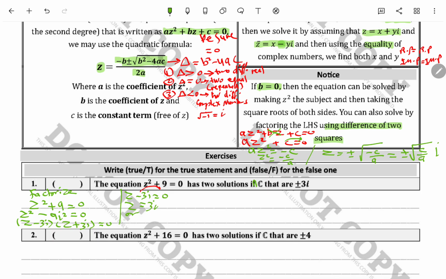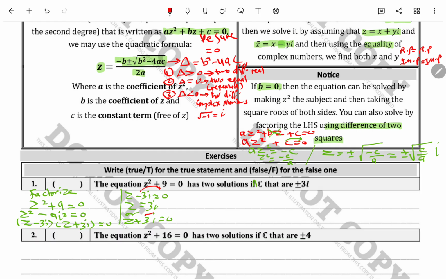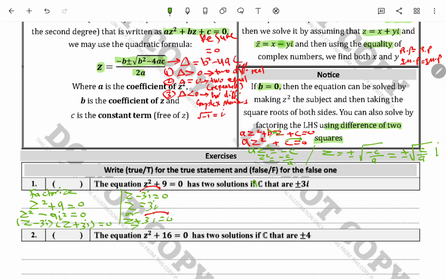Or you can have the other bracket, which is z plus 3i equal to 0, which is the other factor, and move again 3i to the other side. That will make it z equals negative 3i. So you will have two solutions, which are z equals plus and minus 3i.